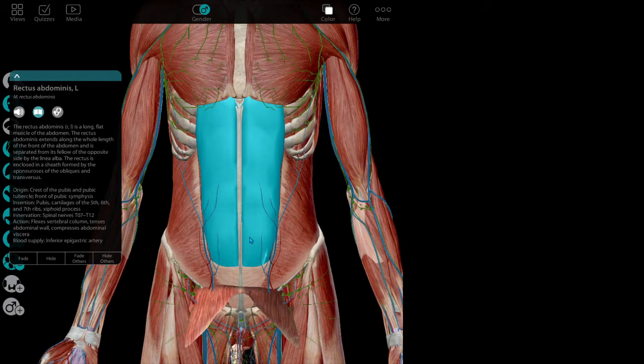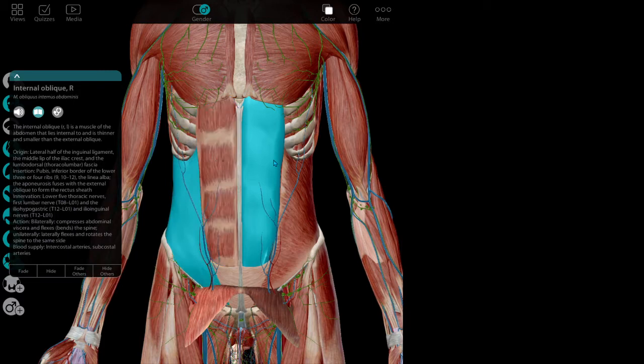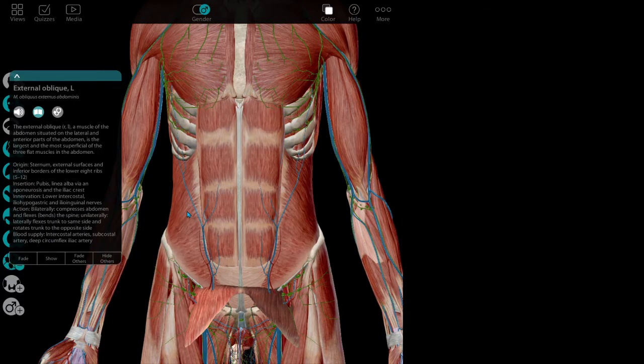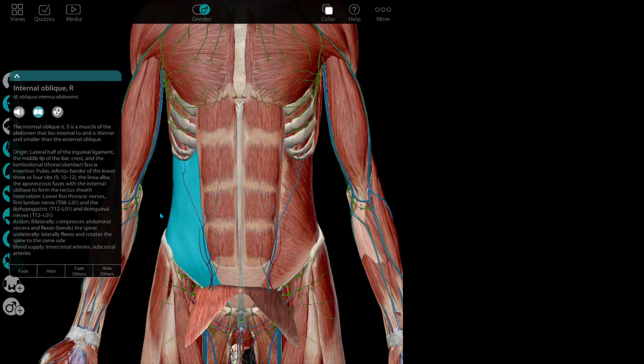Okay. So again, since of the direction of its fibers, basically it is for forward bending, no? So the trunk or trunk flexion. Then here at the side, we have your internal oblique.